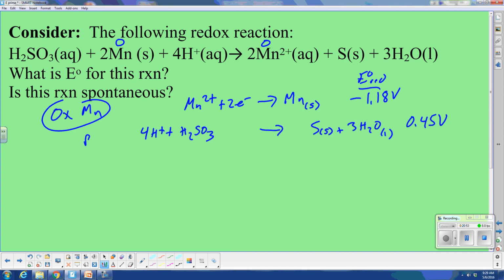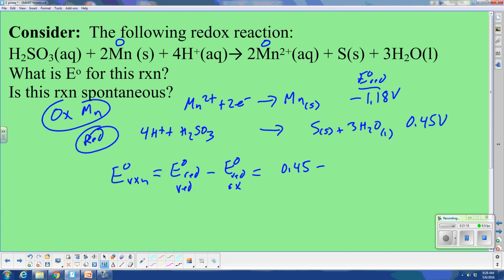We said this is my oxidizing. That means this is my reducing species. So we are going to get my reaction potential. I'm going to take the standard reduction potential for my reducing minus the standard reduction potential for my oxidizing, and that's going to be 0.45 minus a negative 1.18 volts. And what do I get out of that?